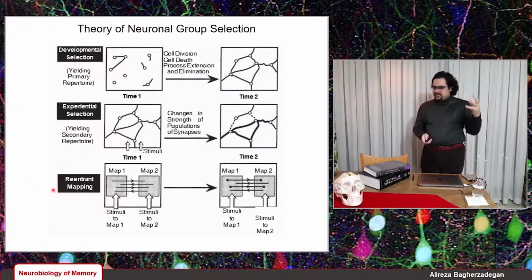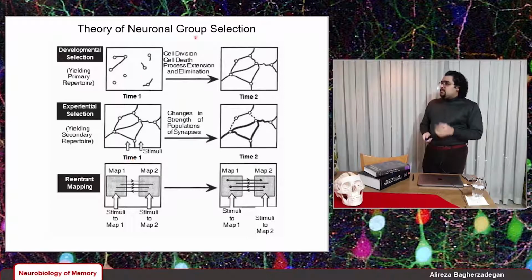Maps are basically areas in the brain. Even the connectivity between different maps, different areas of the brain, is dynamic, and may change over time based on stimuli and based on our experiences and behavior, and interactions with the environment.